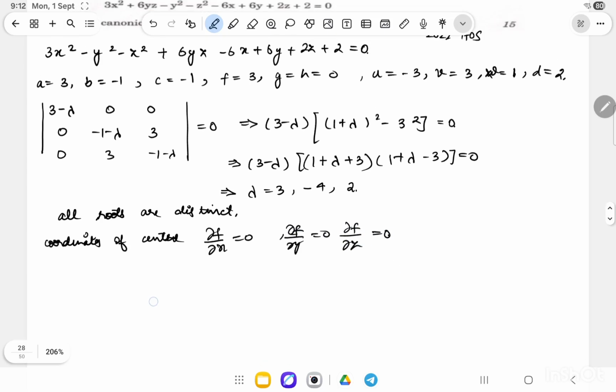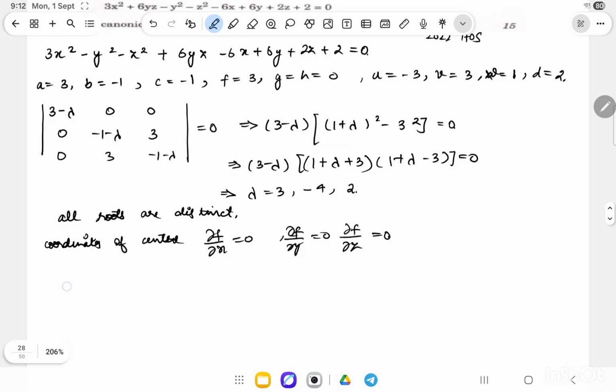So if I find del f by del x from this equation, I'll be getting 6x minus 6 equals 0. Del f by del y will be minus 2y plus 6z plus 6 equals 0, and del f by del z is basically minus 2z plus 6y plus 2 equals 0.